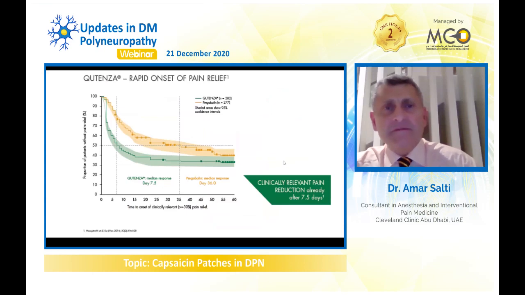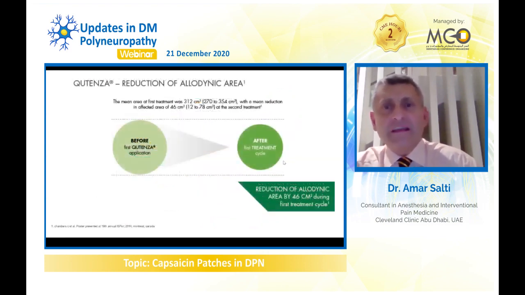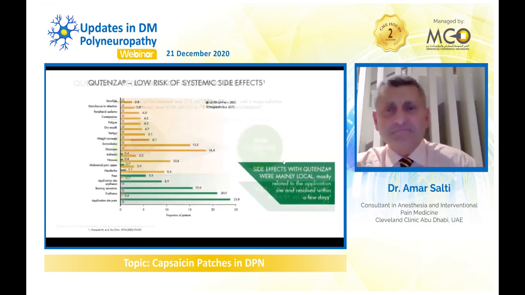How does it help? It gives rapid, clinically relevant pain reduction very early. Compared to oral medications, it can be effective as early as 1 week in focal localized neuropathic pain. For the allodynic area, where something which is not painful becomes very painful, this area is reduced by at least 10 to 15% in 1 week in the first cycle.